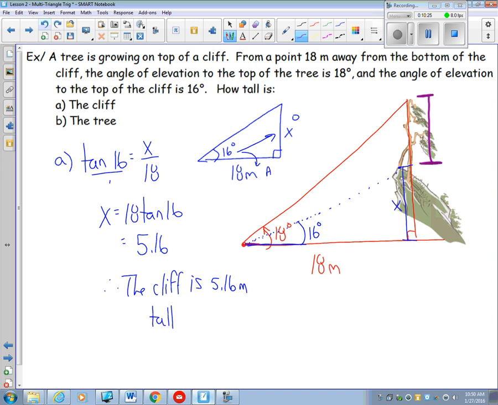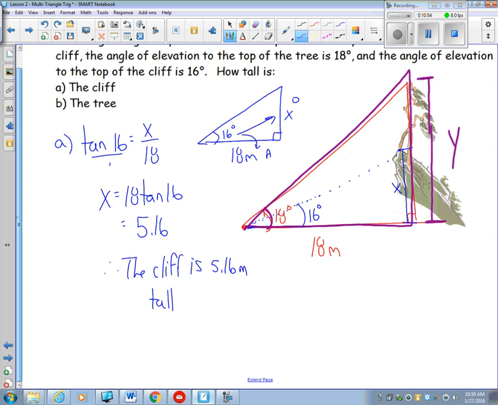I had a triangle that went all the way to the top. It had an angle of 18. If I can solve the entire triangle, not just the tree part, but the entire thing, that total height, that includes the tree and the cliff, I can figure out the tree part by subtracting the cliff part.